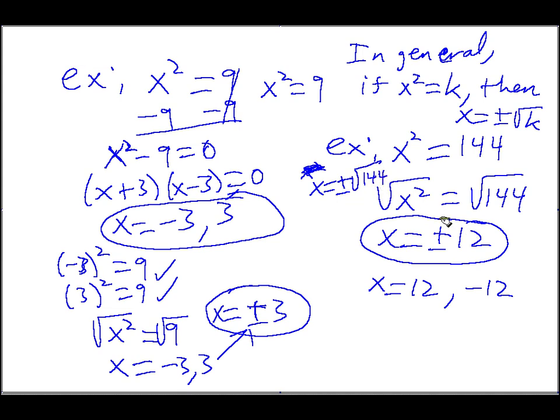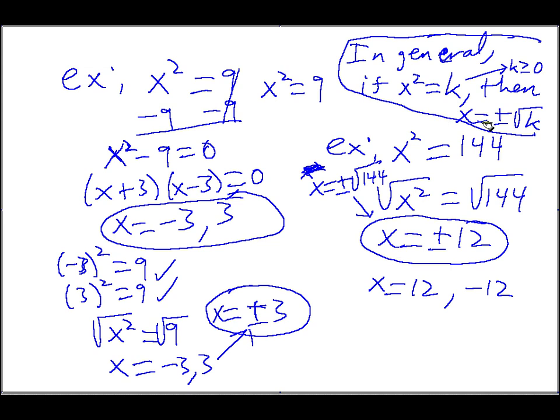That's just 12. Okay, so that's why x is equal to what? Plus or minus 12 here. All right? Again, keep this concept in mind again. If you have a perfect square and a number on the other side, then you can take the square root of both sides, and k is a positive number. So let me just say that k is greater than or equal to 0. All right, is 0 or bigger.